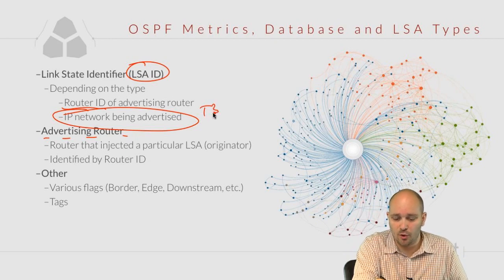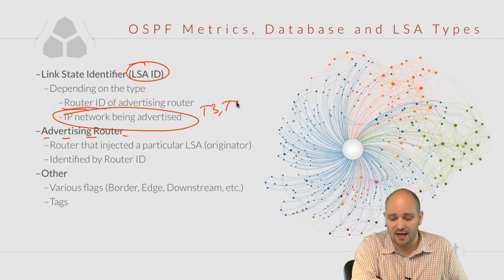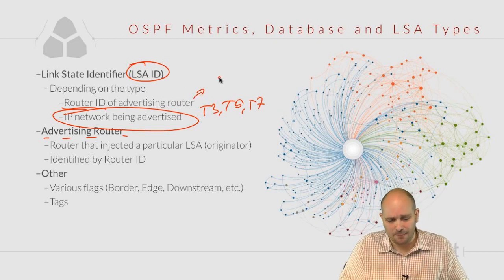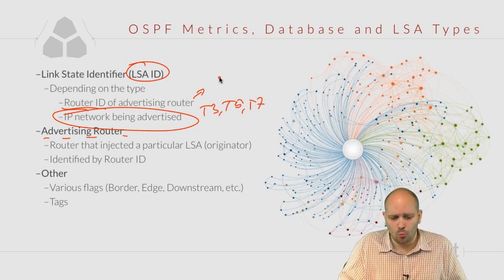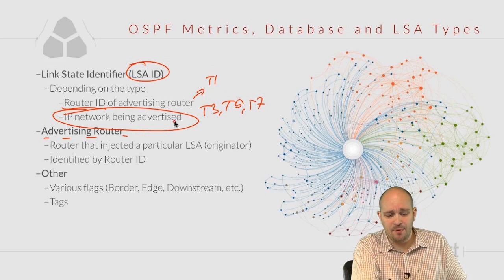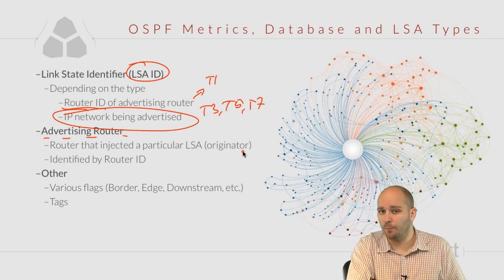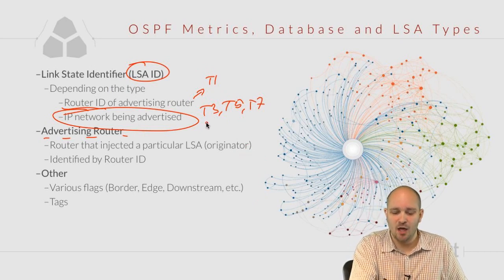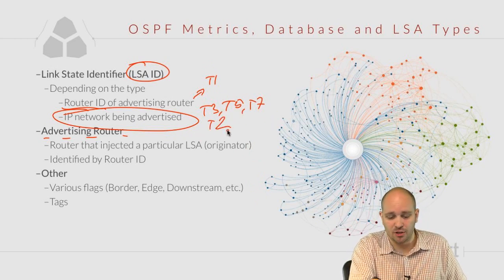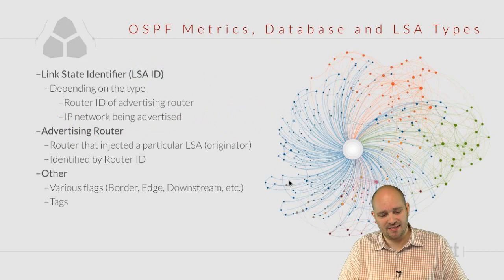And this is going to be true in the case of type 3, type 5, and type 7 LSAs. So the router ID of the advertising router would be the LSA identifier in the case of type 1, and the IP network being advertised will be there for type 3, type 5, and type 7, and I forgot to mention, for type 2 LSAs.